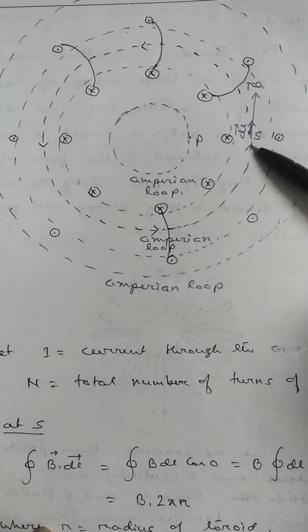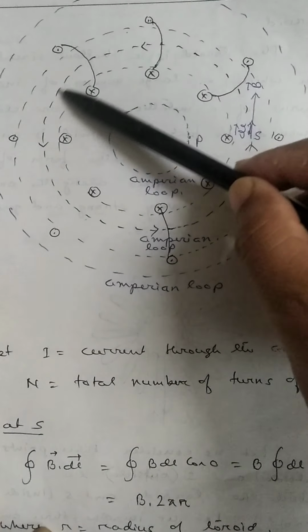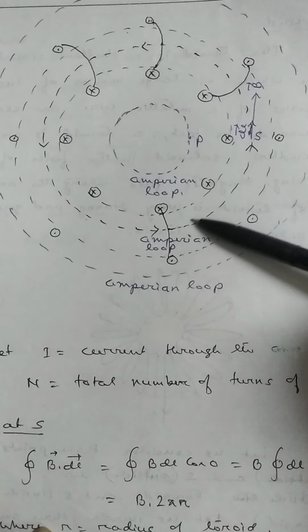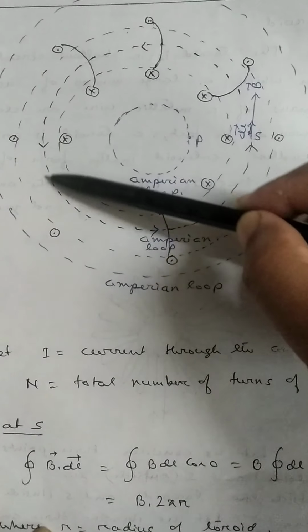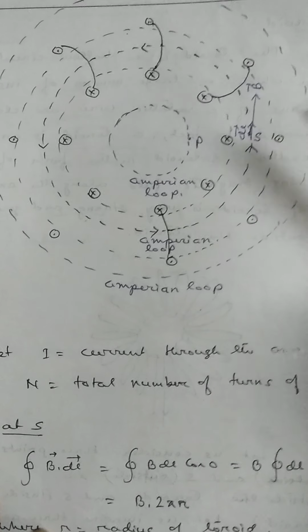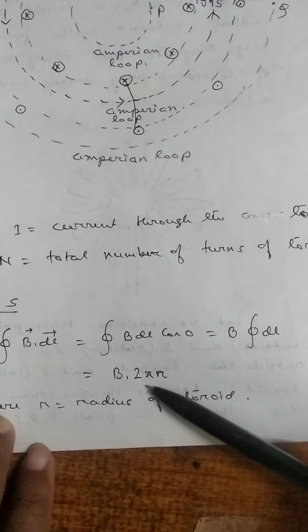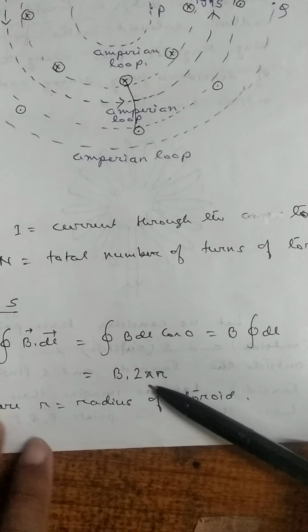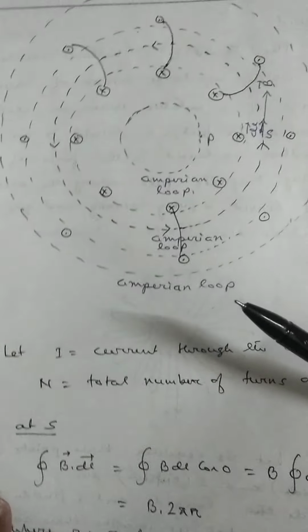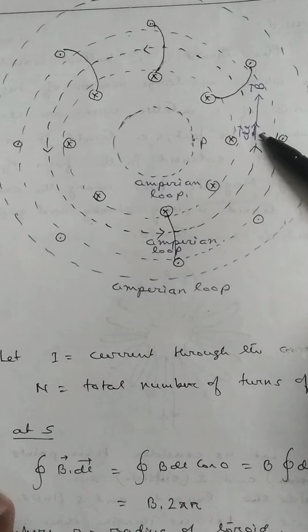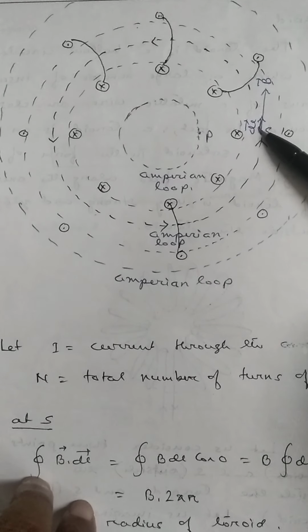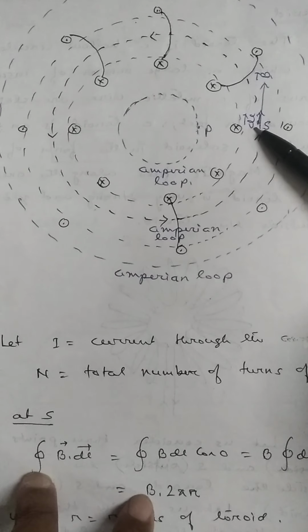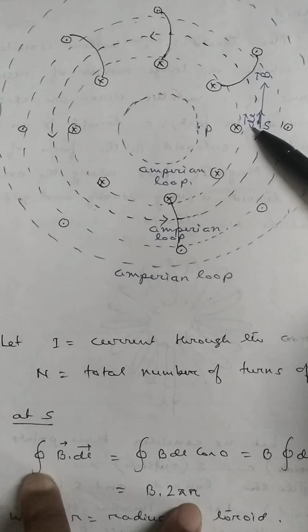In this particular case, our Amperian loop is circular. The circumference of the Amperian loop is twice pi r. That means if we take B dot dl at the point S, what we get? B into twice pi r.